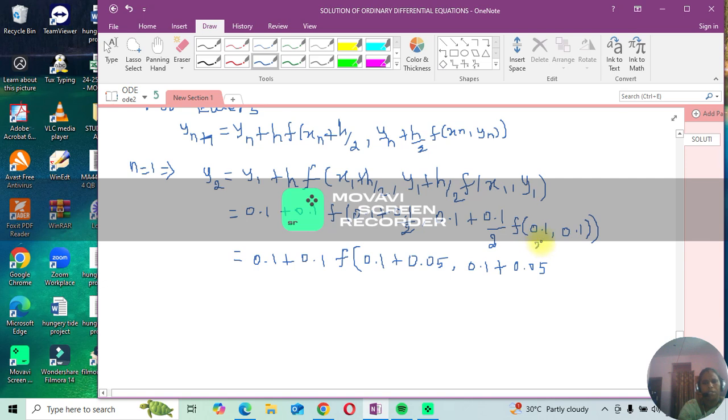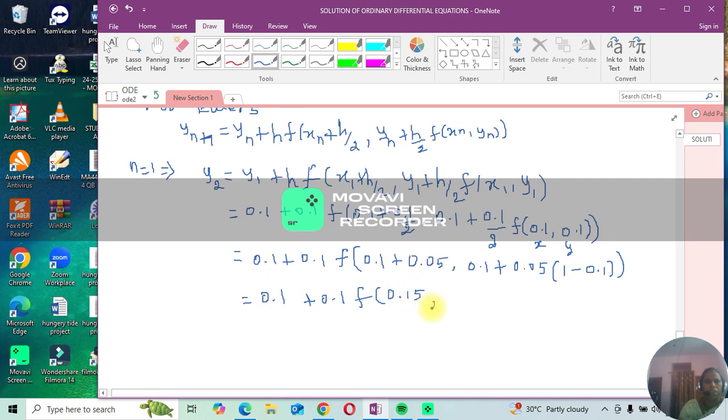In this, this is the x value and this is the y value, and we know the function is 1 minus y. So 1 minus 0.1. We calculate one by one so that we can avoid mistakes. So 0.1 plus 0.1 into f of, so what is 0.1 plus 0.05? 0.15.